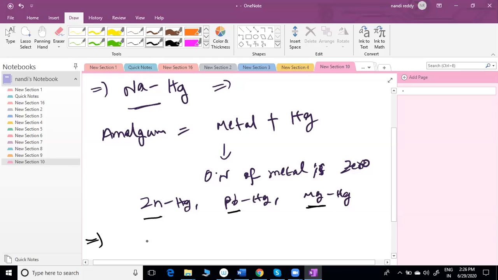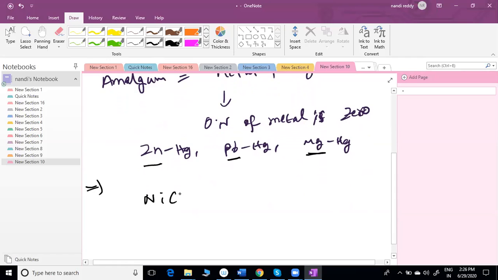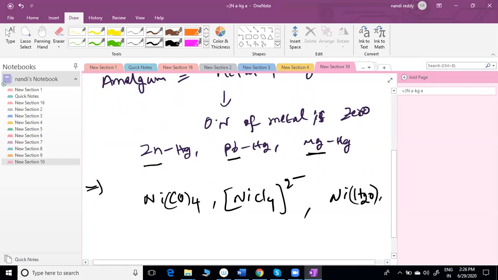And already I gave complex compounds, which are Ni(CO)4, NiCl4 2 minus, Ni(H2O)4 2 plus, like this. I gave complexes.